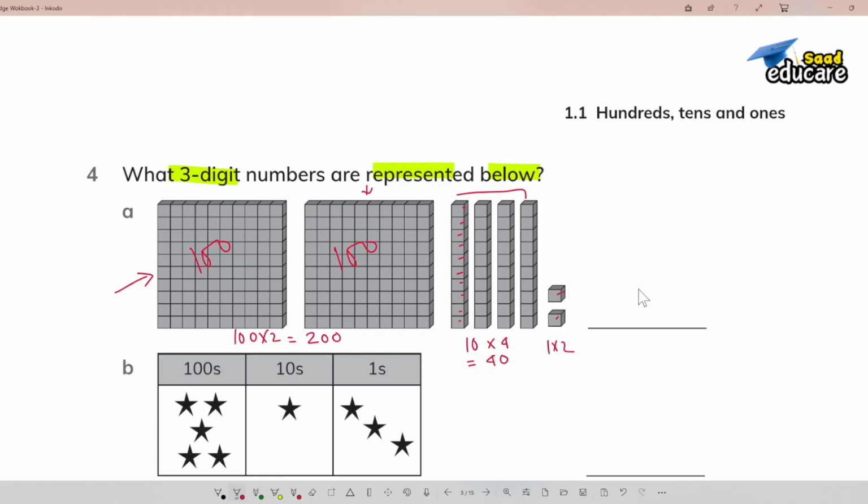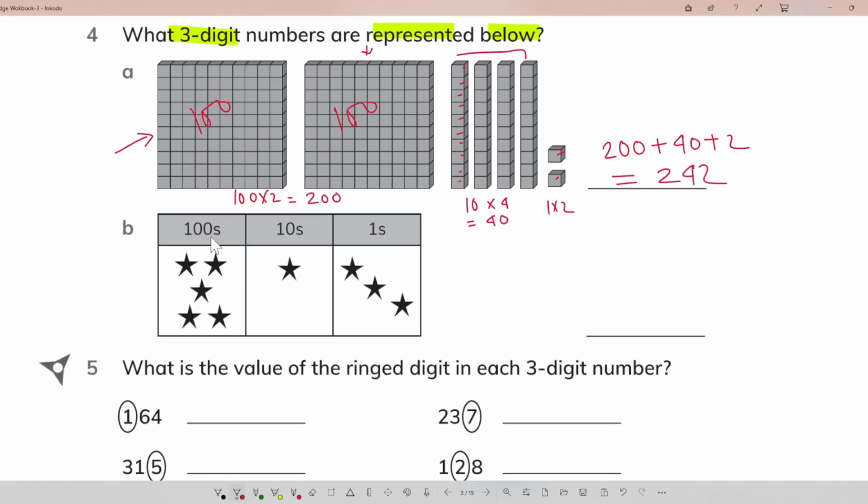So what will be the answer? Here is 200 plus 40 plus 2, it means 242. Okay, so here is 100 and star, 1 2 3 4 5 stars. 5 stars means here is 500, plus 1 ten, it means 10, and in the ones section here is 1 2 3, so here is 3. So the ultimate result is 513. Okay, this is very simple.